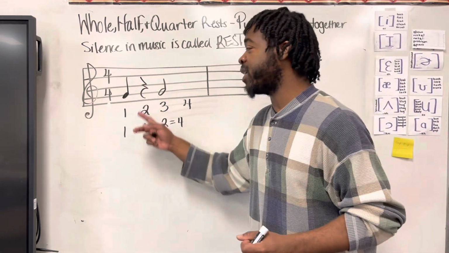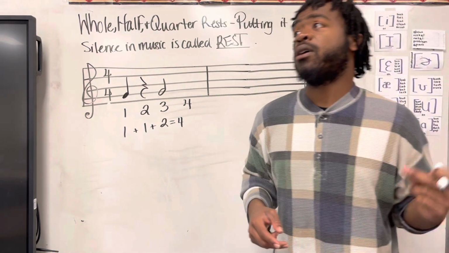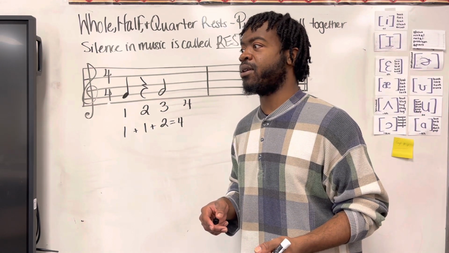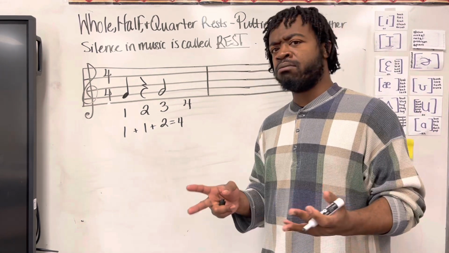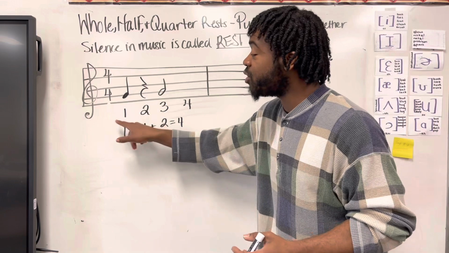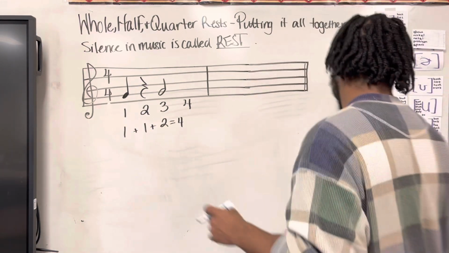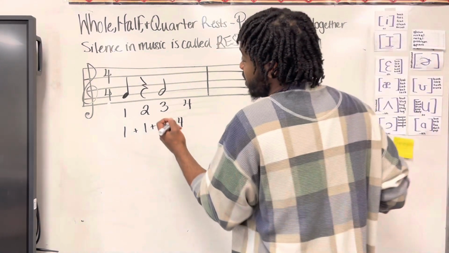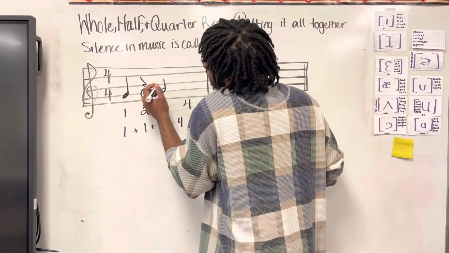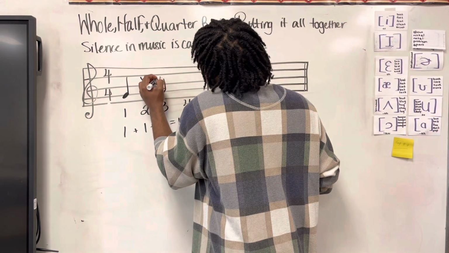Because if you say 1, 1, 2, what happens if you end up, all right, so wait, no, that's a rest. Did I do it right? It's fine, but make sure that you count it to make sure that you have all your beats in the measure. Because let's say I actually filled this in and let's pretend this is a quarter note for today.